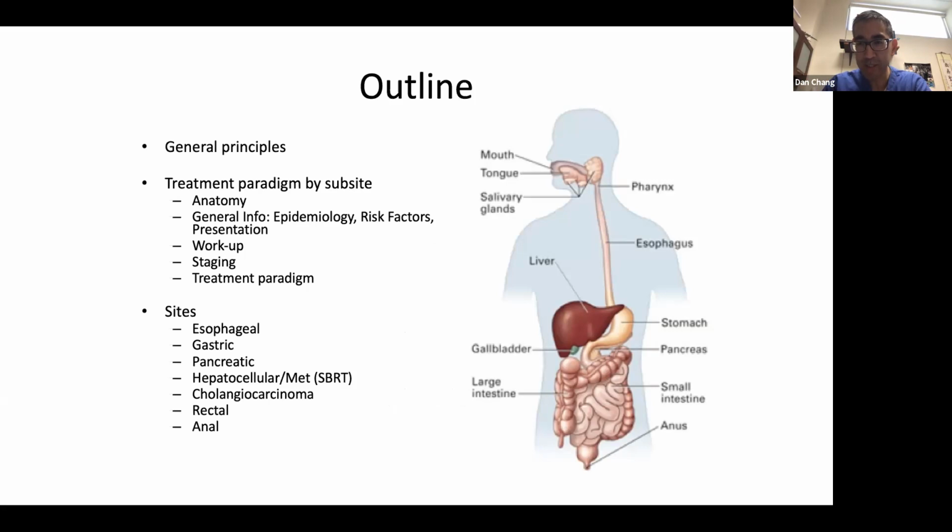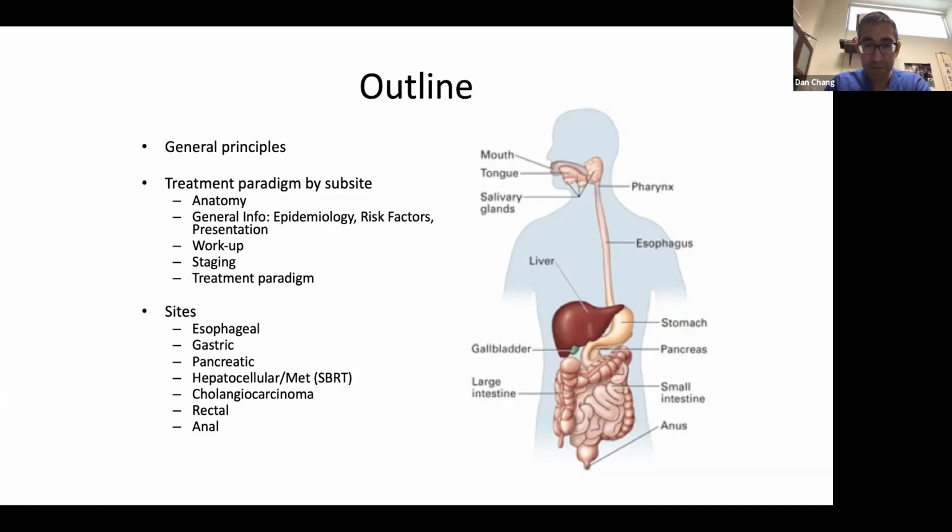Because the GI tract extends pretty much from the bottom of your pharynx, where your esophagus begins, all the way down to the other end, which is the anus. Every disease site has its own body of literature and its own treatment algorithm. You have different surgeons dedicated to each type of organ. So it offers a lot of variety, and a lot of challenges, because you have to stay up to date on the latest literature in each site. They all have their own controversies.